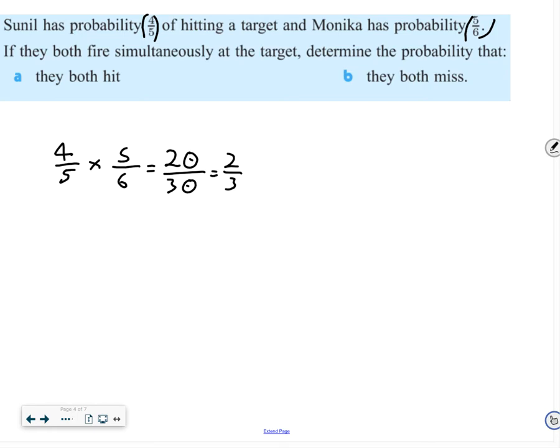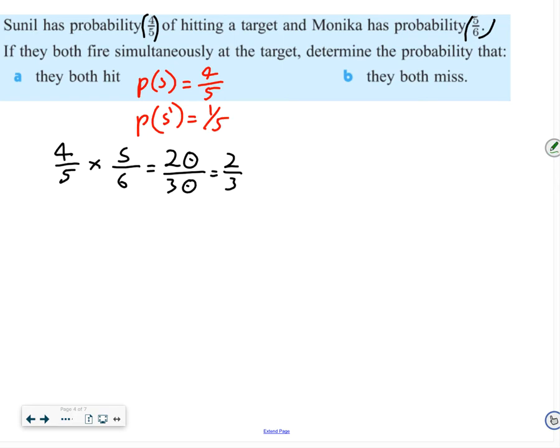They both hit. Now, if they both miss, remember for a complement: Sunil's probability of hitting is 4/5, so the probability of Sunil not hitting is the complement, 1 minus 4/5, which is 1/5.